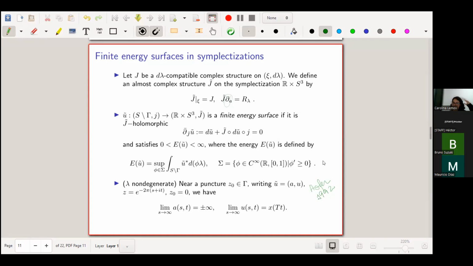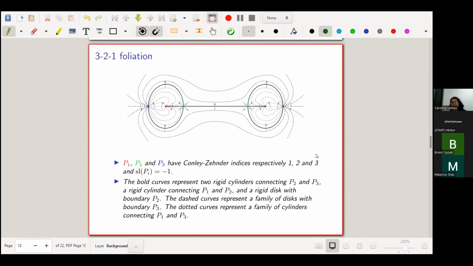And of course, we have a lot of nice properties of these curves, so that we can define these transverse foliations as projections of these pseudo-holomorphic curves to the contact manifold. I cannot explain everything, of course.